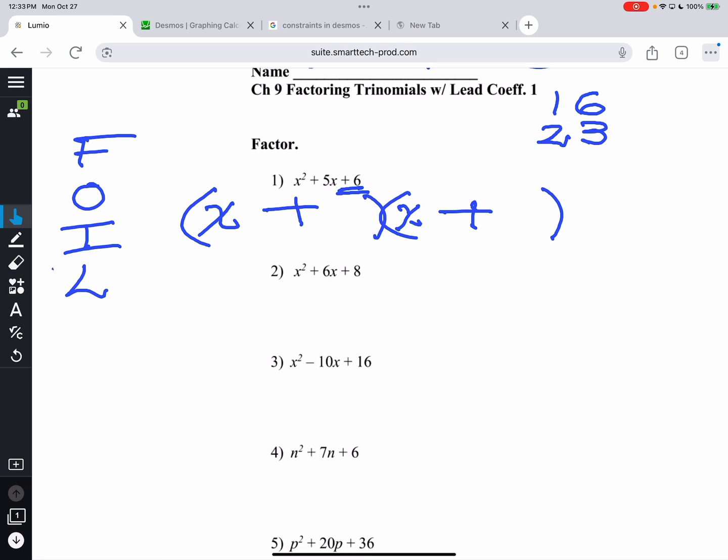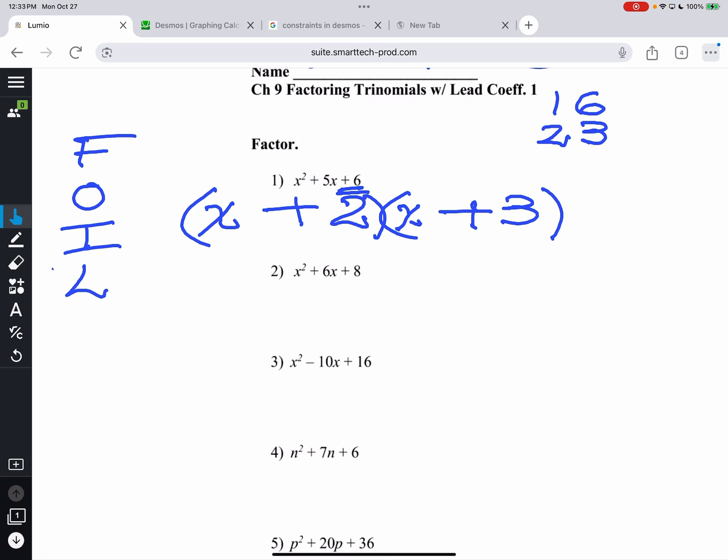Now, here's the cool part. We need two factors that equal 6 that when you add, you get 5. Here are our factors. Which one equals 5? 2 and 3. X plus 2, x plus 3 will be your answer. So when you FOIL that to check it, you get an x squared.